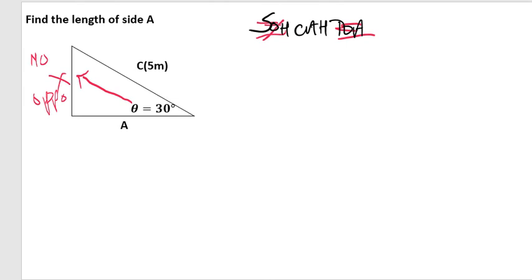So you cancel tan and sine, and you're left with cos. That's the only formula that you can use. So you say cos theta equals adjacent over hypotenuse. You can confirm that your formula is cos by checking which values you are given.